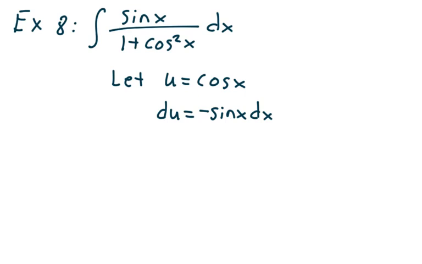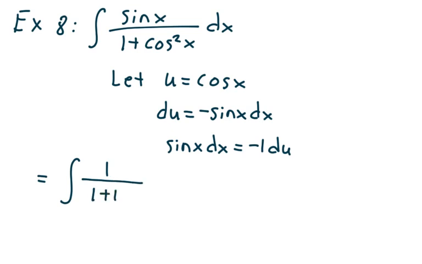Okay, now I could solve for sine x dx and get negative 1 du. And so this is the integral of 1 over 1 plus u squared times negative 1 du.